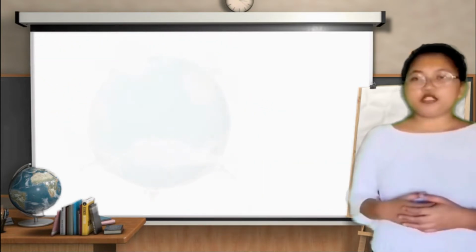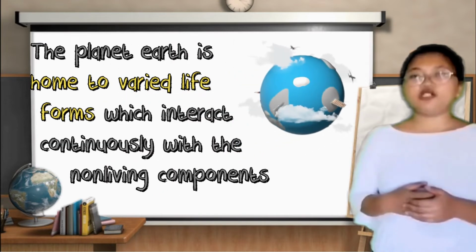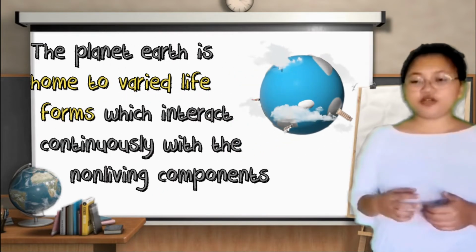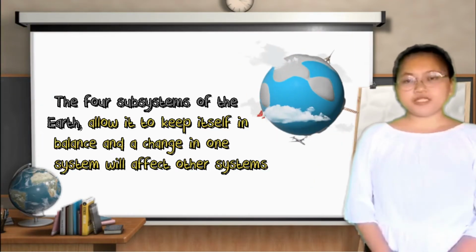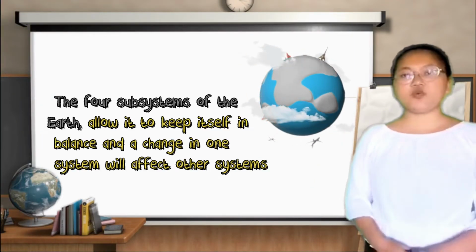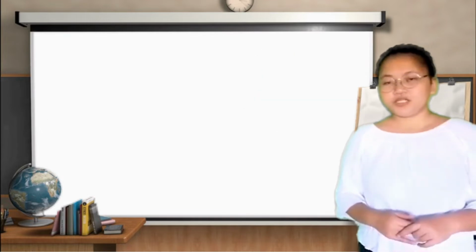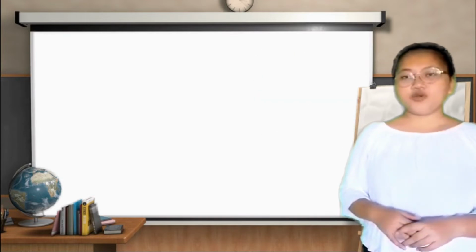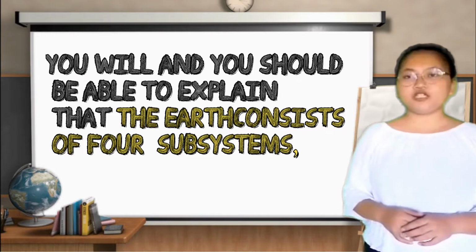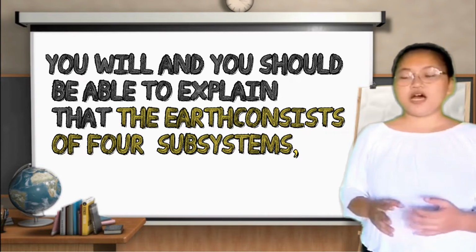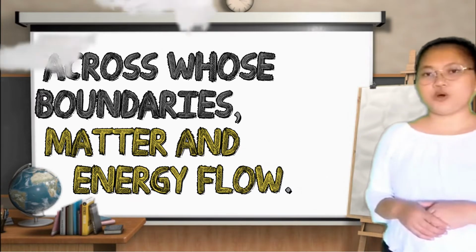The planet Earth is home to varied life forms which interact continuously with the non-living components. The 4 subsystems of the Earth allow it to keep itself in balance, and a change in one system will affect other systems. At the end of this lesson, you should be able to explain that the Earth consists of 4 subsystems across whose boundaries, matter, and energy flow.